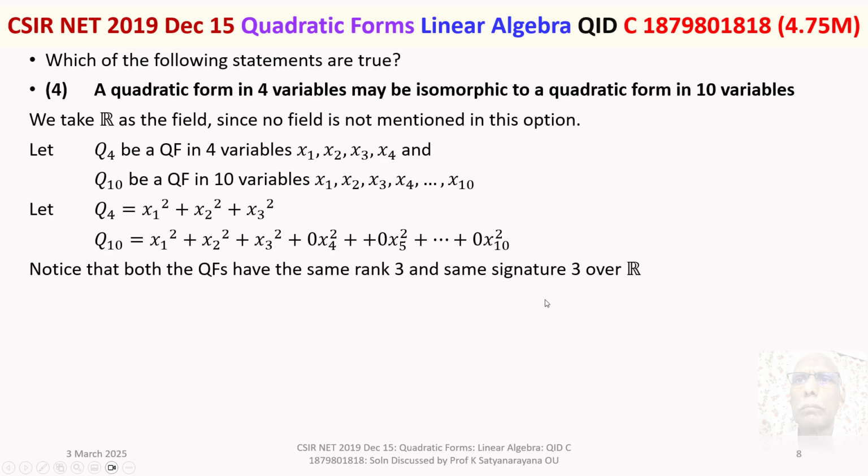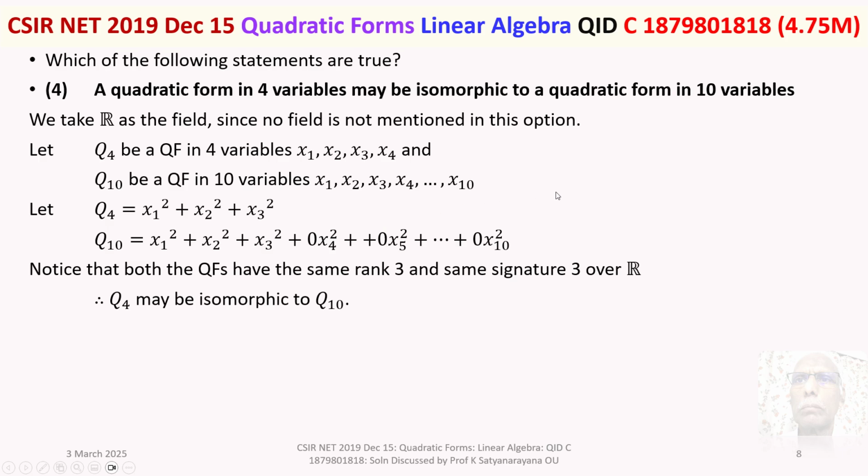So they have the same rank 3 and the same signature 3 over R. So we apply result 1: Q4 may be isomorphic to Q10. Showing what exactly the isomorphism is may be a little bit difficult in this case.